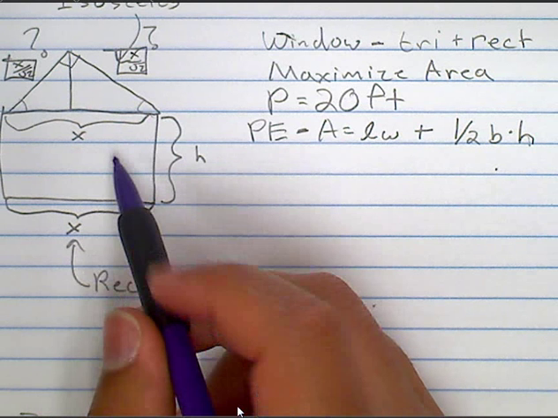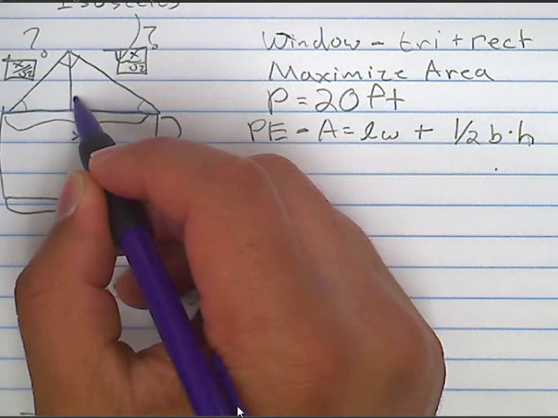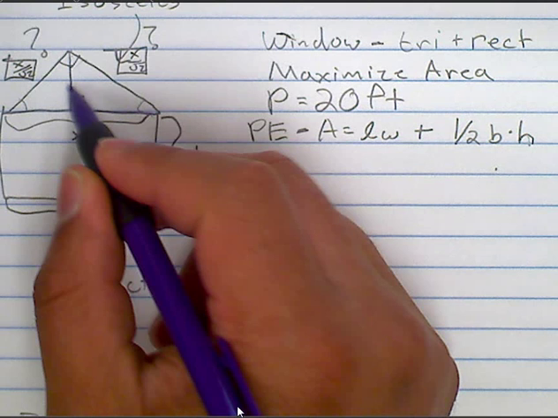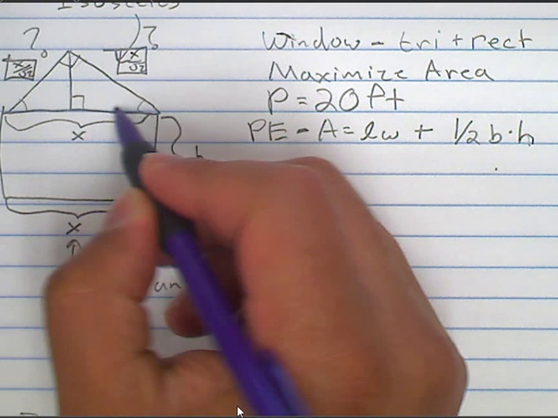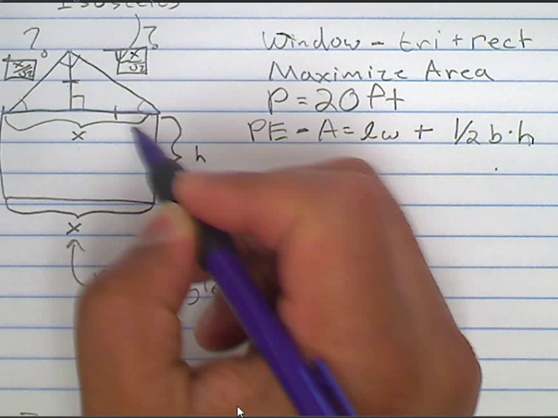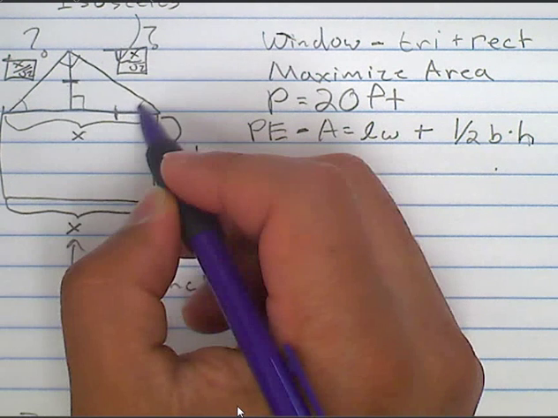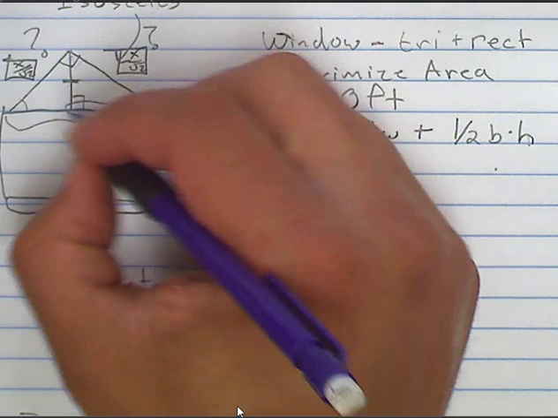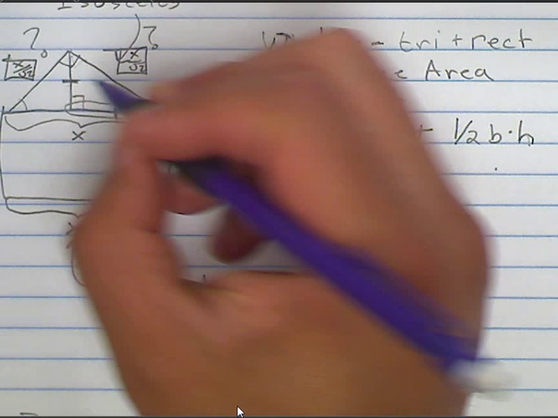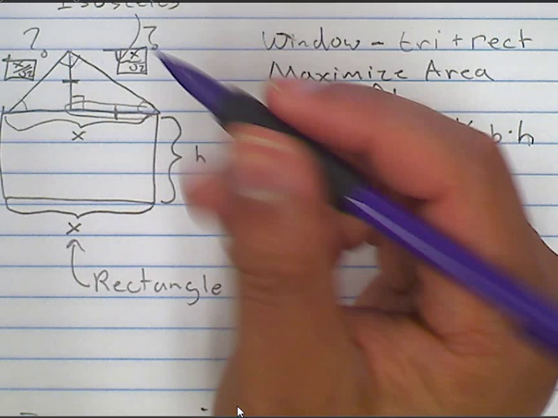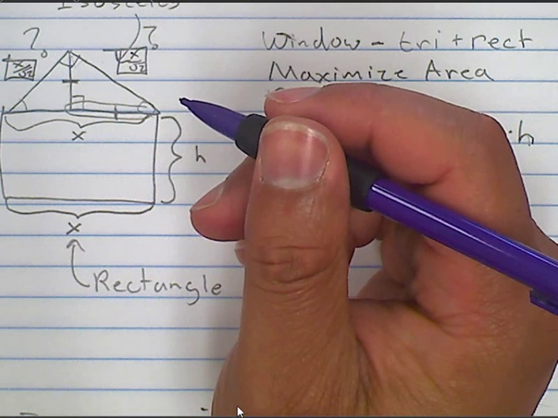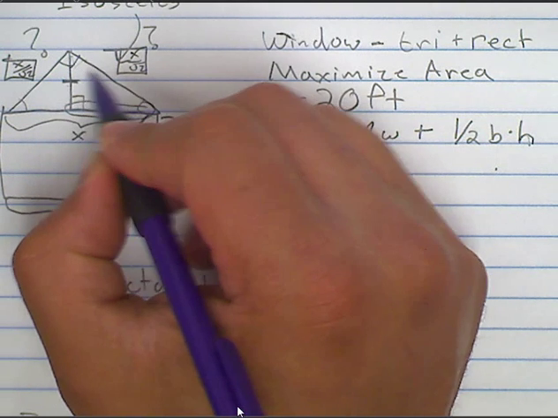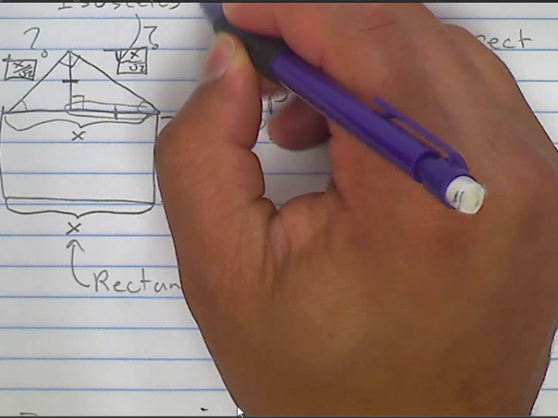Now, if this is 90, and that's 90, then that's 45. Well, we have another 45, 45, 90, which means this is isosceles, so those two are congruent. The height is the same as that piece right there. I forgot to say it's an isosceles right triangle.